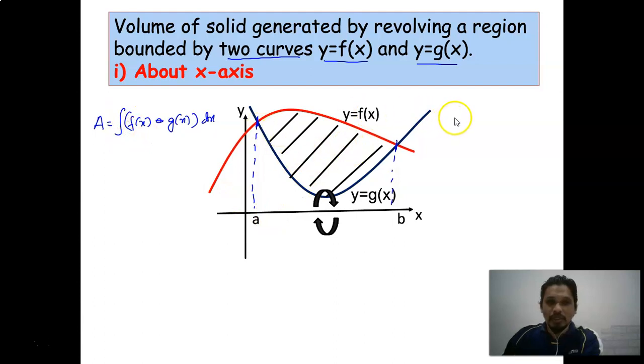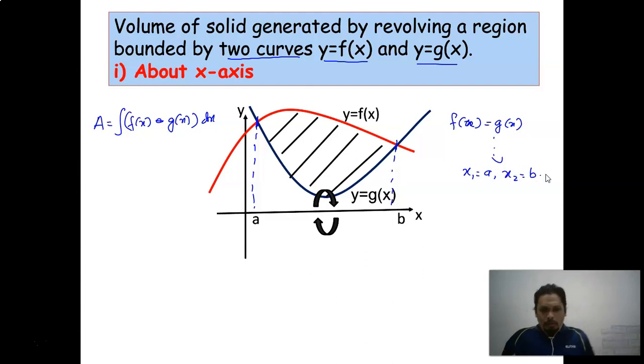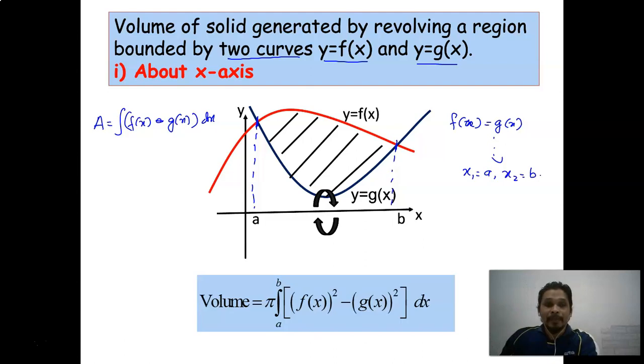But before we substitute the values of x from a to b, we need to find the intersection points by setting f(x) equal to g(x) until we get x1 equal to a and x2 equal to b. So then, to find the volume, it is pi integral of, okay, be careful here, f(x) squared minus g(x) squared.